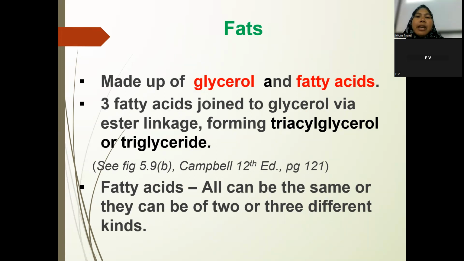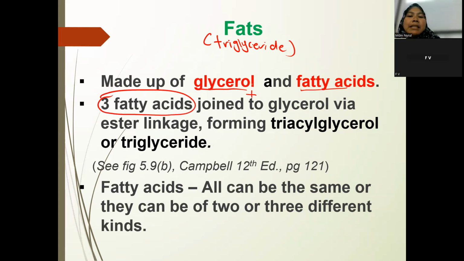fat. Okay. So fat ataupun kita panggil sebagai triglyceride. Okay, right. So fat or triglyceride is made up of glycerol and fatty acid. How many fatty acid? 3 fatty acid plus 1 glycerol, and they are linked together with ester linkage.